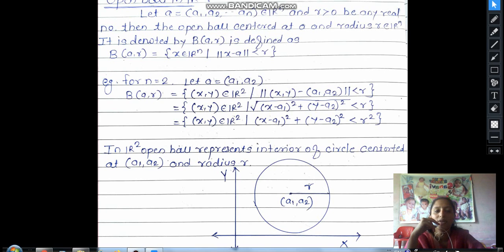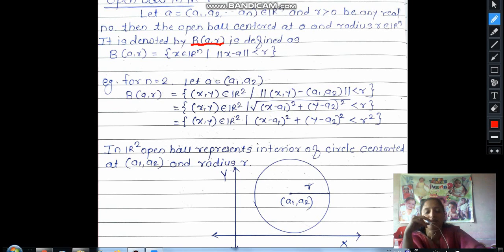Then the open ball is centered at a with radius r. That is, the center of the open ball is a and the radius is r. It is denoted by B(a, r).